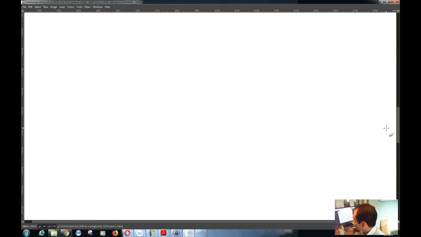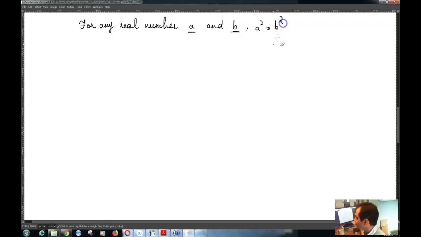Now, question number 2. You want to show that the statement, for any real numbers a and b, a squared is equal to b squared implies that a is equal to b, is not true by giving a counter example.